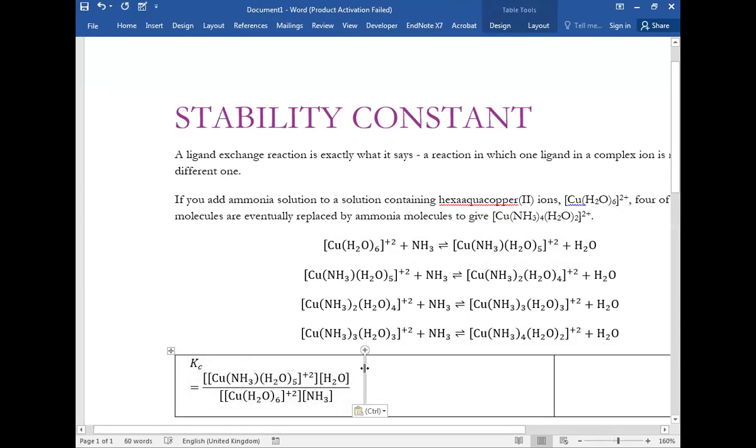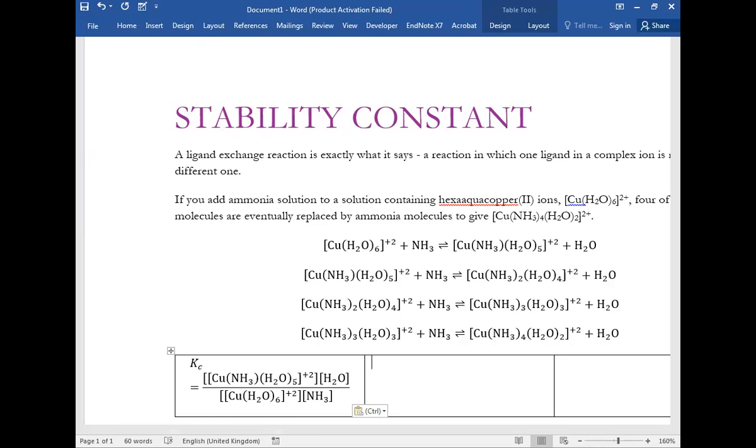Okay, so this is the Kc for the very first one. But again, the concentration of water is almost the same. The concentration of water is a constant with the equilibrium. It does not change often. Instead of considering water again and again, what can we do?